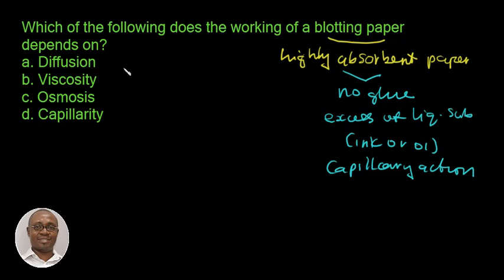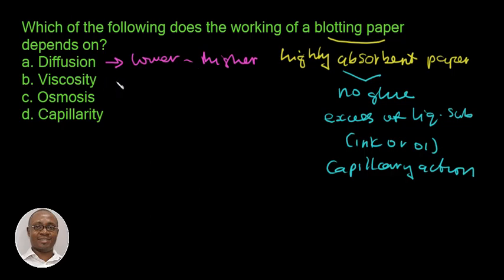Option A, diffusion. Diffusion refers to the movement of liquid between different concentrations, that is from a lower region to a higher region. But this is not actually what happens here. All right, good.